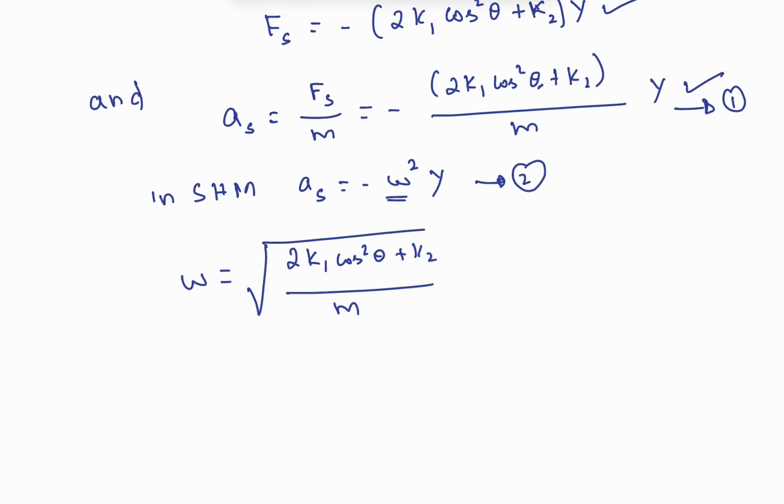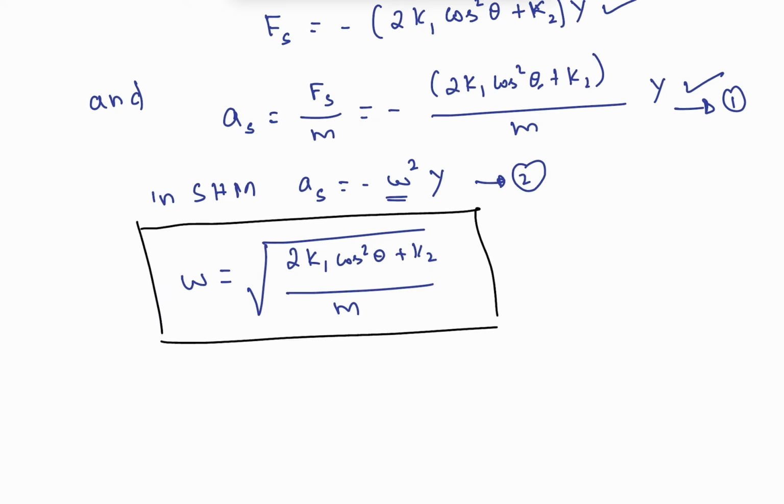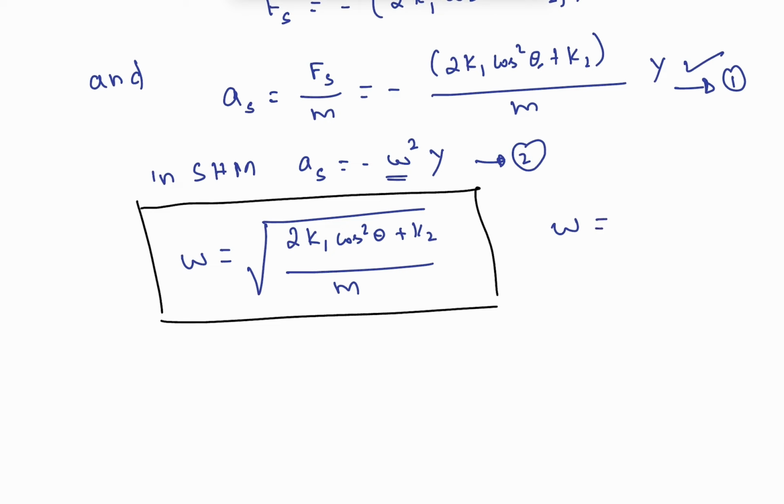Then what else do we have to find? Time period and frequency. We know the basic relation for the time period: omega is equal to 2 pi by T, or T is equal to 2 pi by omega.